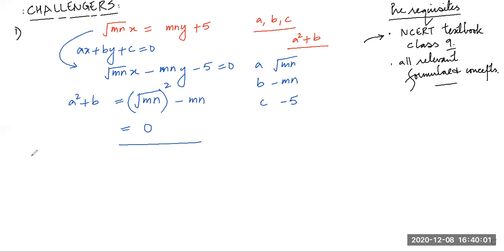So that's the first question. Second question. Listen properly. Let's say there are two numbers, x and y. 3 times the larger of two numbers is divided by the smaller one, and we get 4 as quotient and 3 as remainder.